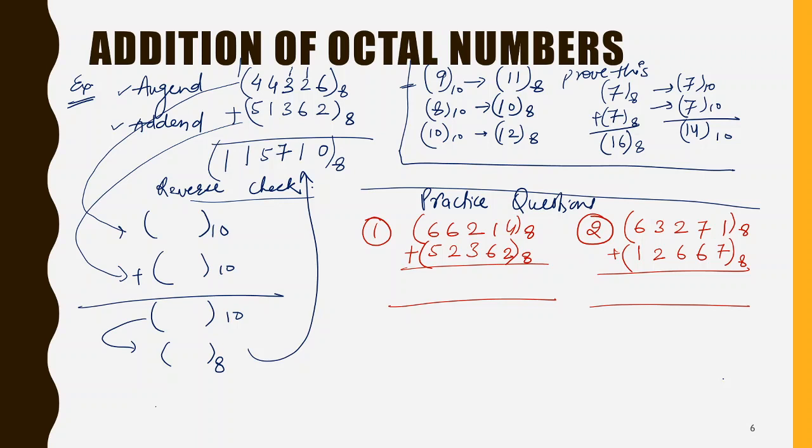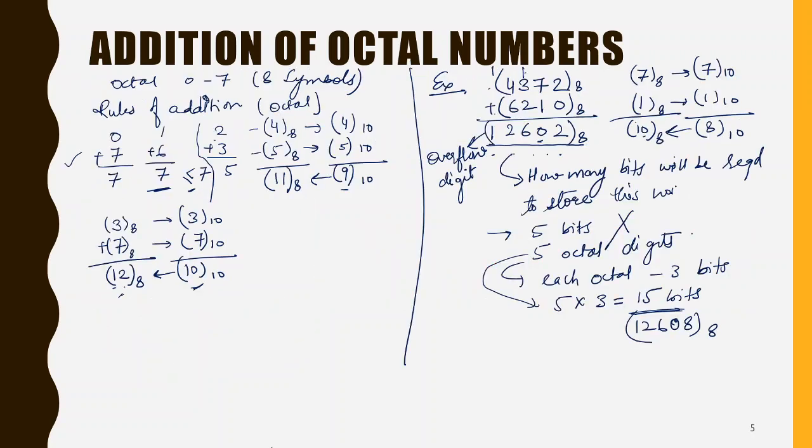Addition of octal numbers is quite similar to binary numbers. The only thing you need to remember is when to go for the carry and how to proceed for the carry. Till the summation is less than or equal to 7, you do it as you do for normal decimal numbers.